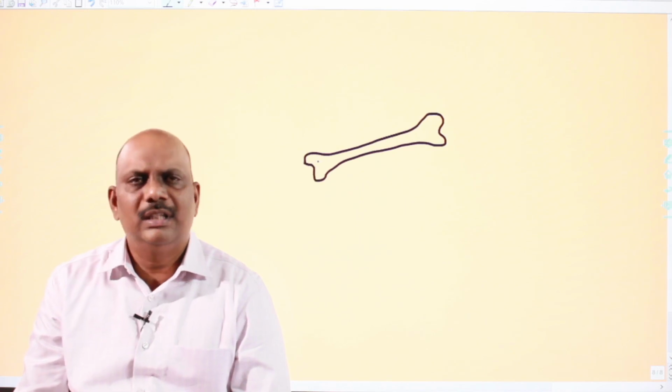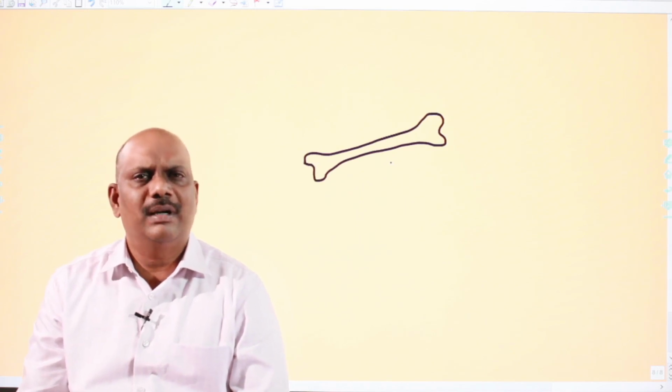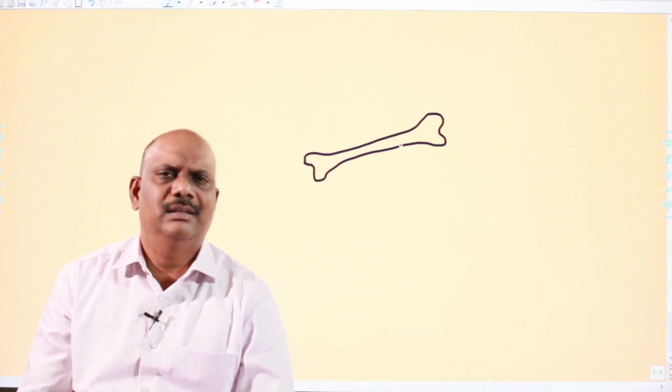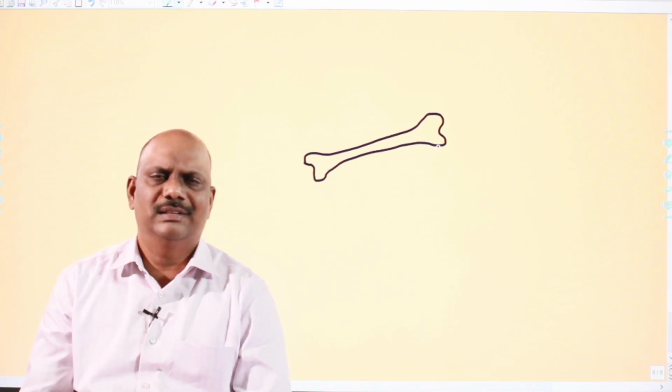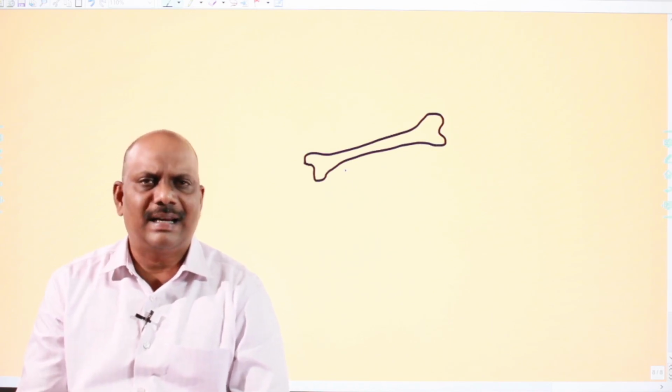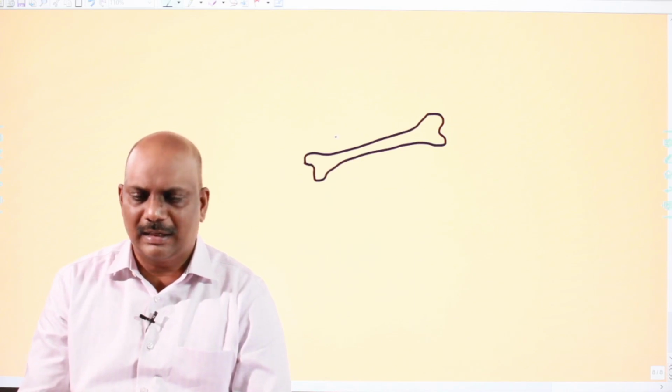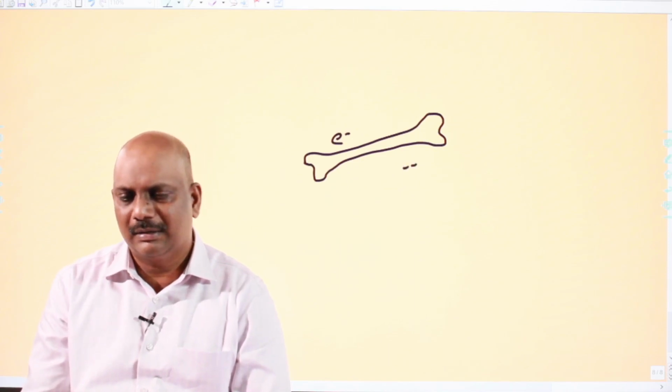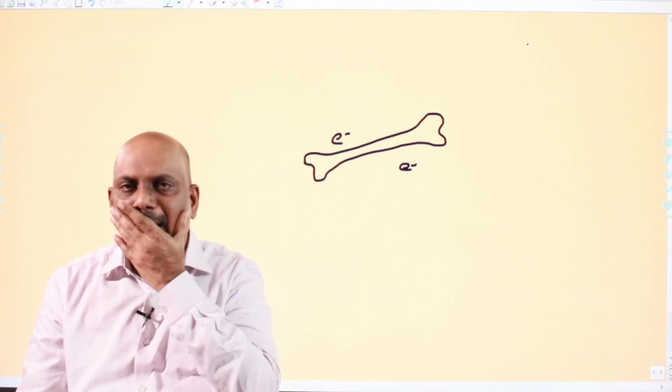So here what we are going to do now, there is a fossil bone. This fossil bone, right, was also buried in the earth for say 30,000 years, 40,000 years, etc. Even this had trapped a number of free electrons from this environment. But we cannot heat it.